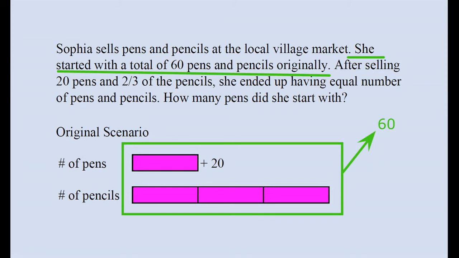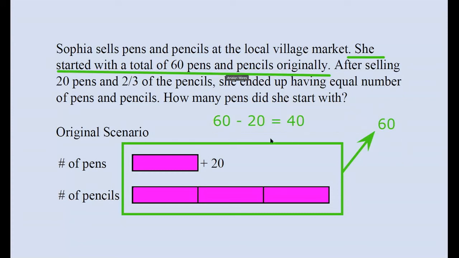How do we do that? Well, this is one way you can do it. You can say that if 4 rectangles plus 20 make 60, 4 rectangles must be worth 40. 60 minus 20 is equal to 40.